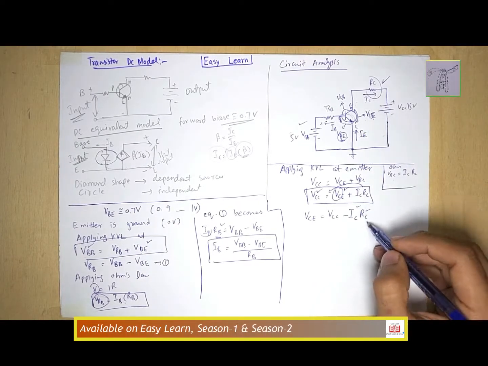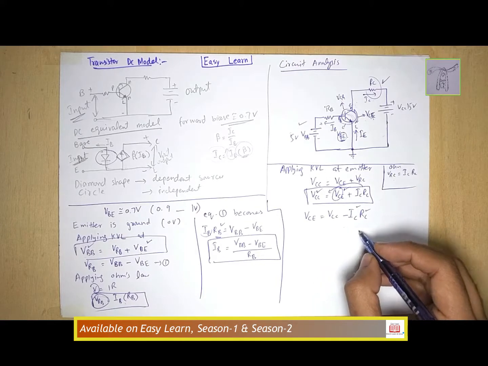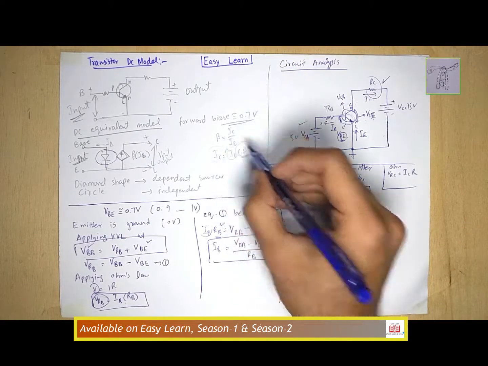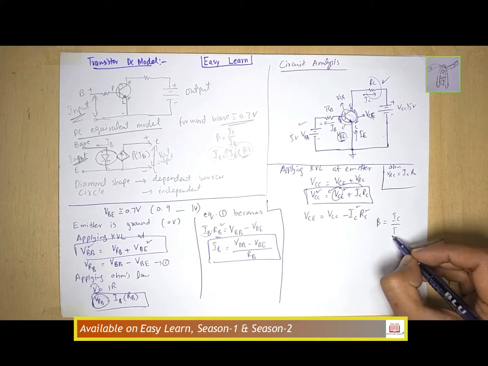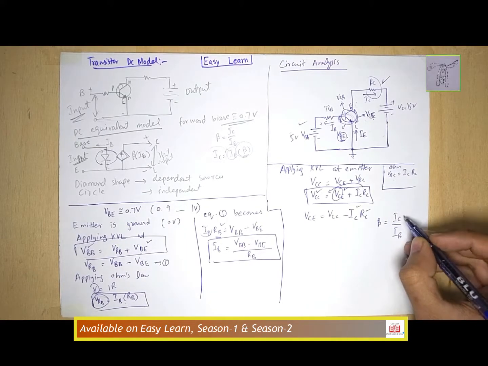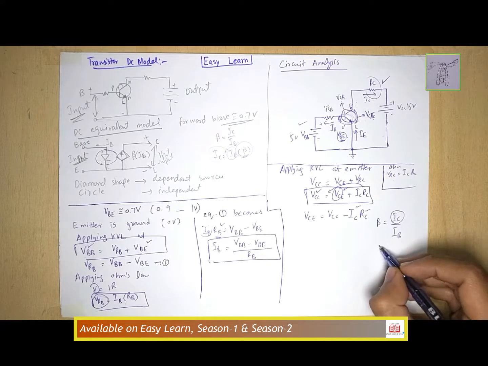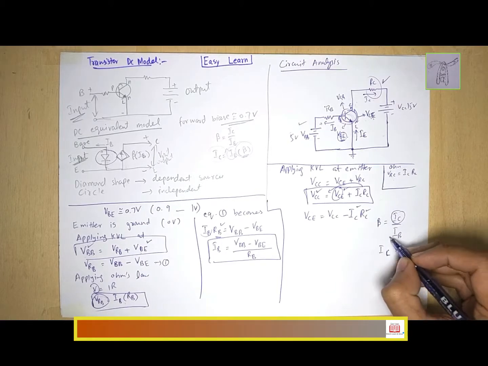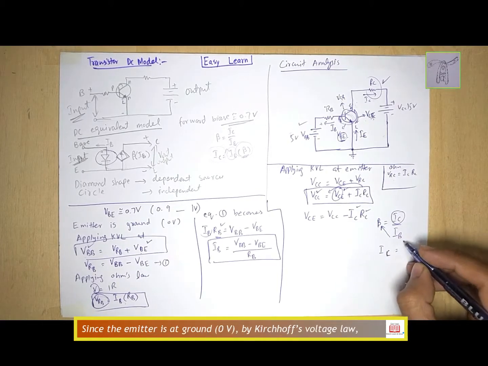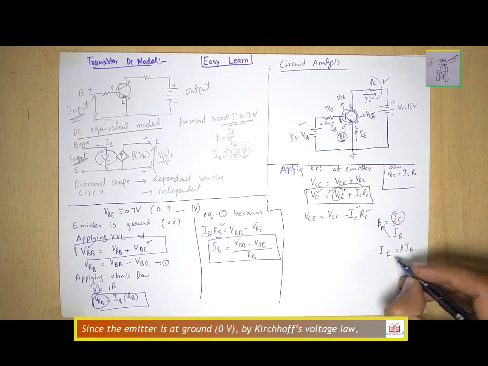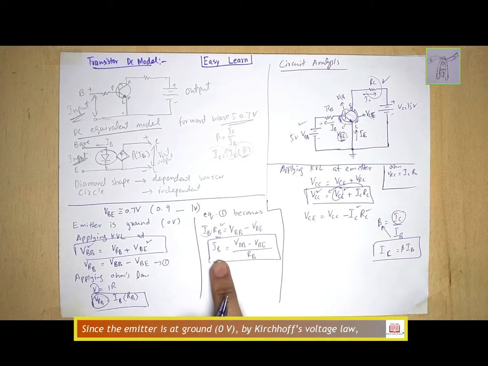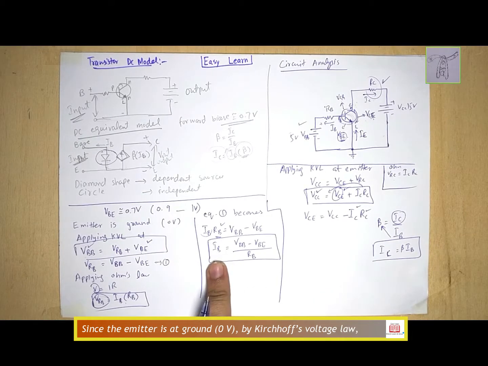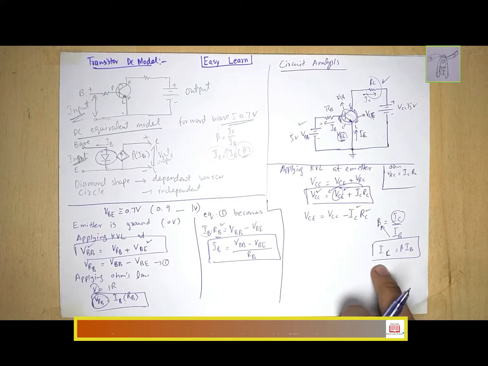But what is IC? How can we calculate IC? Remember this formula: beta DC is equal to IC divided by IB. IC can now be calculated as IC equals beta DC times IB, and beta DC is known from the data sheet, and IB is calculated earlier, as you know. So we can calculate IC.